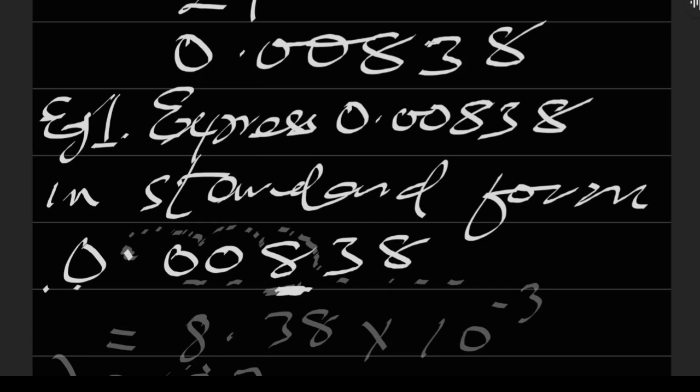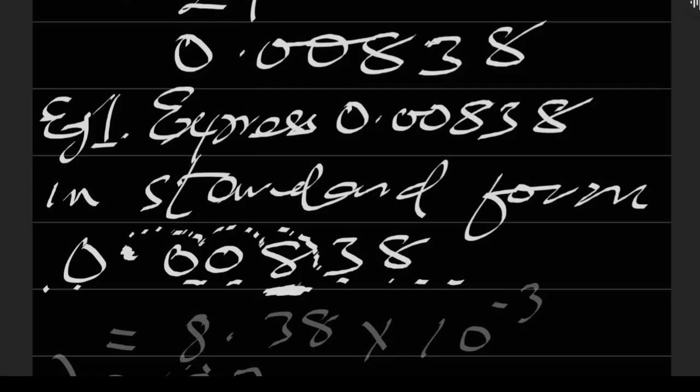So for this question, what's our first significant figure? This 8 is our first significant figure. And look at the decimal. Now that we're dealing with small numbers, the decimal will definitely move towards the right direction. It will go across this 1, 2, 3 till it comes to this point. That's the point where the decimal will always be. So it's moving 3 times.